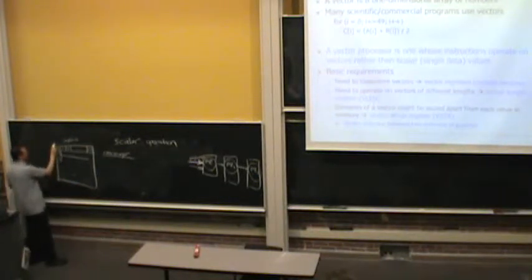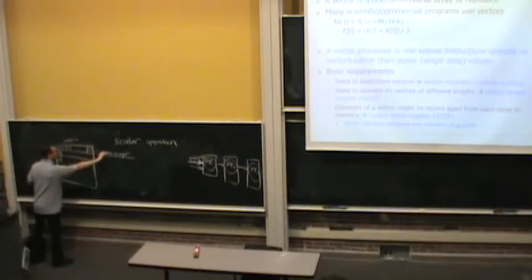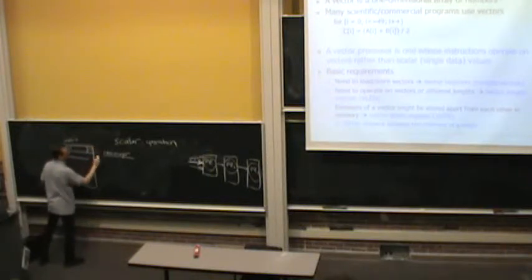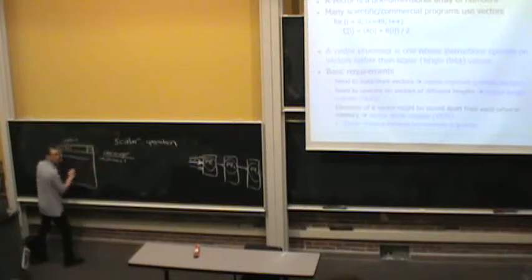So if you actually are accessing this matrix in row major order, then your stride is equal to 1, right? You're accessing consecutive elements in memory.